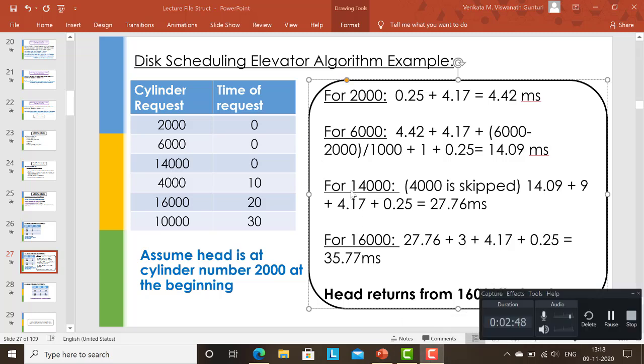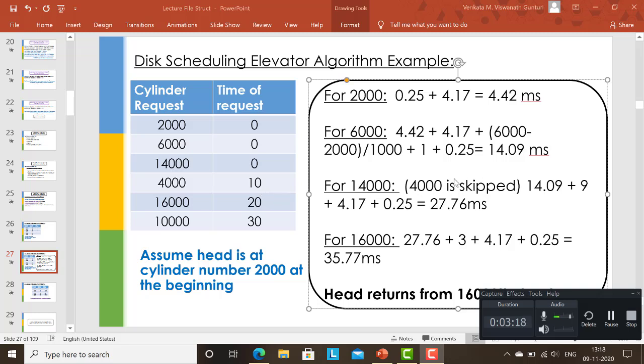But nevertheless, the thing to note is that there is an address request at cylinder number 14,000. So your disk head will continue moving in that direction, and after the 6000, it will actually process 14,000. 4000 is skipped, even though it has now come in the queue.